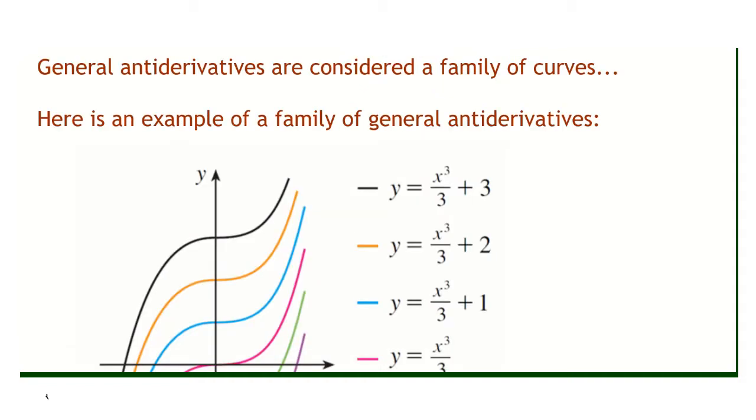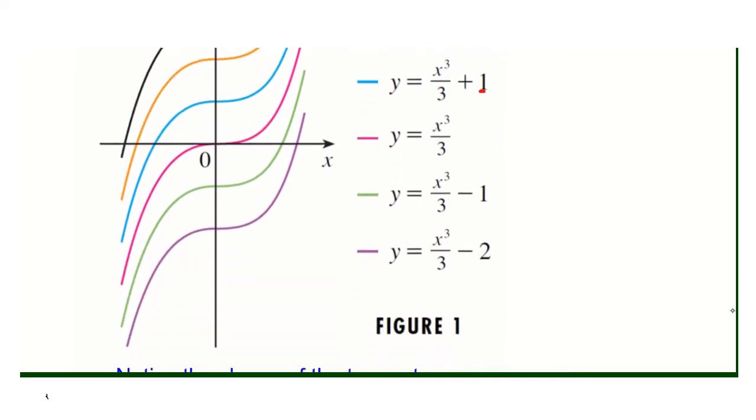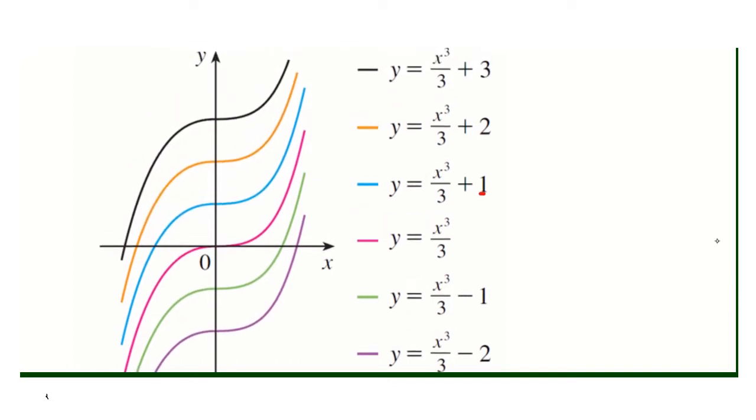So here's an example, knowing what we know about functions. If you had some function, let's say x cubed over 3, and then I had plus 3, plus 2, plus 1, minus 2, these are all just the same function with a different vertical translation.